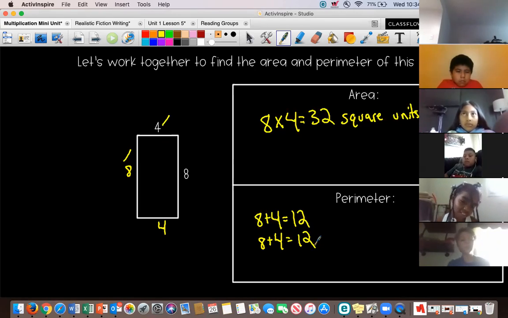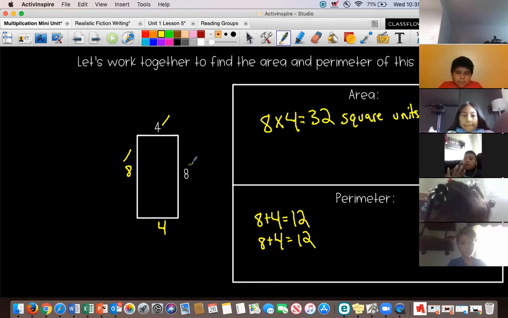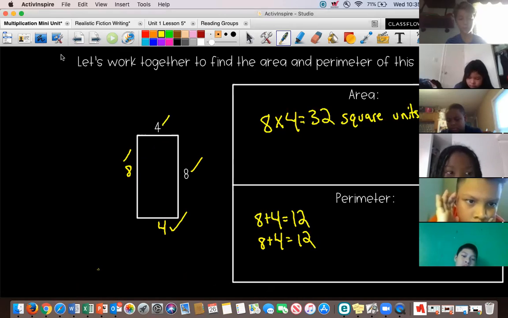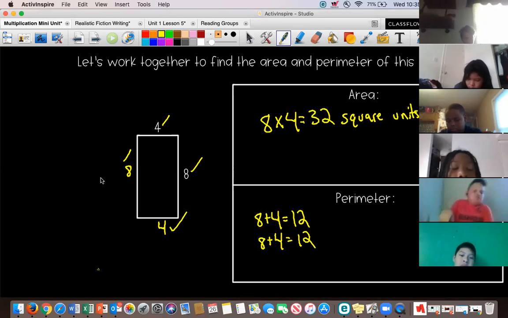And now what do we need to do last? Somebody besides Ania, what do we still have to do? We found the one 8 plus the 4, and we found the other 8 plus the other 4. What do we still have left to do? Add 12 plus 12. CJ, make sure I call on you. I'm going to give somebody else a chance to think. Eric, what do we still need to do? I'll let you share because I saw your hand up.